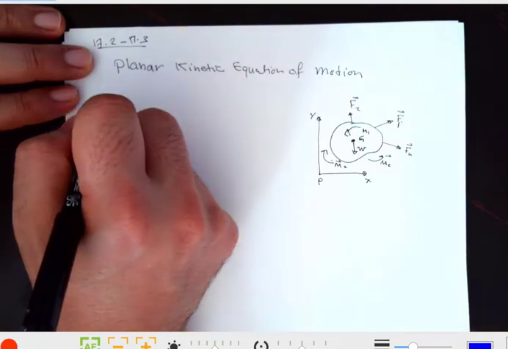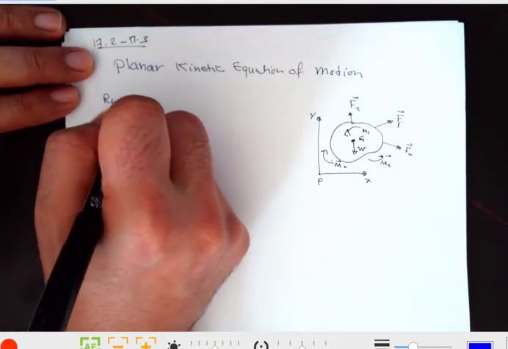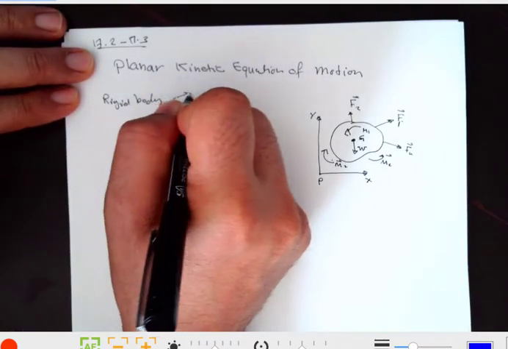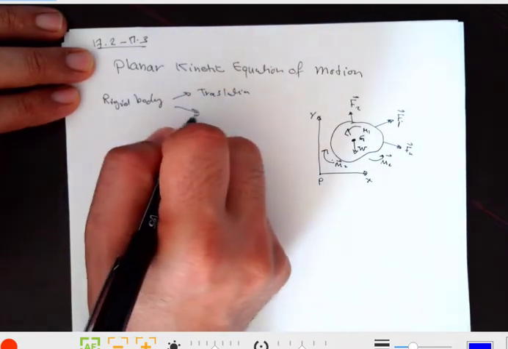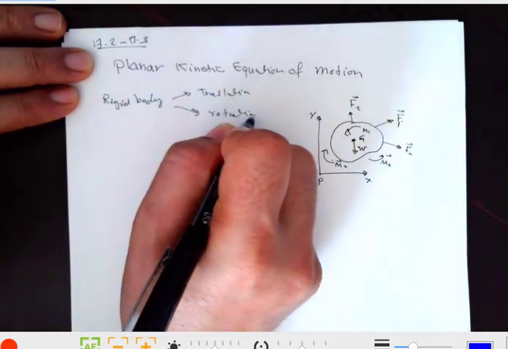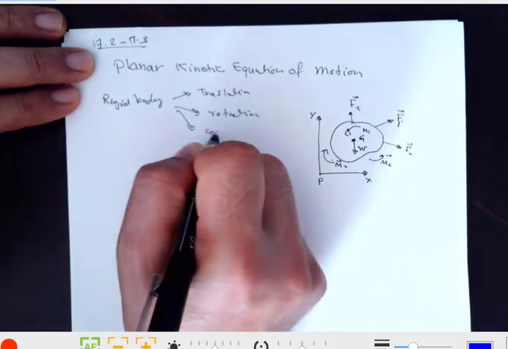This rigid body could have either a translation or a rotation or a combined motion.